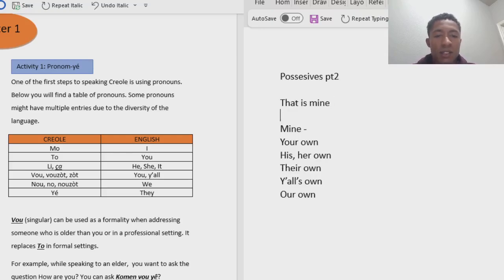You wouldn't be using my, but that is mine. For this, we have 4 different ways of saying this, and it depends on where you're from, and also accent, like if it's in front of a feminine or a masculine, or a vowel.